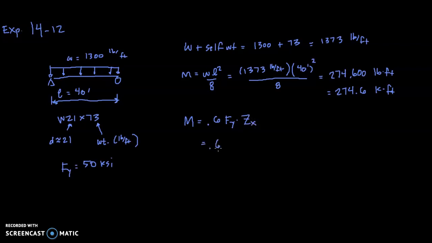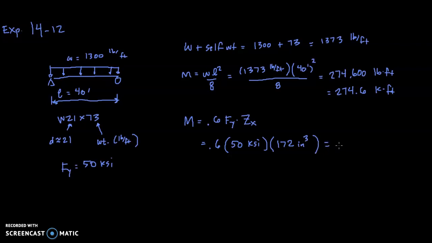So that's going to be 0.6 times 50 KSI times, we'll have to look up in Appendix A, the plastic section modulus, Zx, for a W21 by 73. And we should find in our appendix that that is equal to 172 inches to the third power.